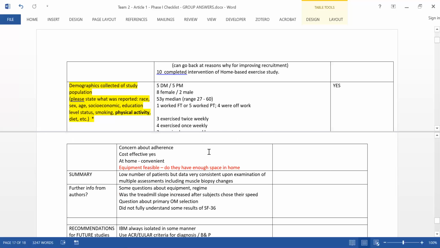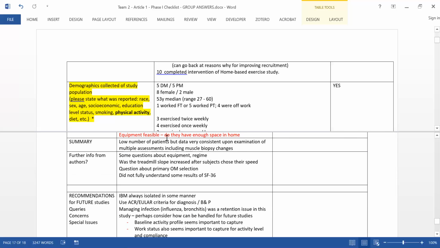Just projecting, and again, a reminder, this study was for inactive, stable disease. There was some concern about adherence. They thought it was cost effective and that being at home made it very convenient. There were some questions about the equipment feasibility and whether there was enough space at home.